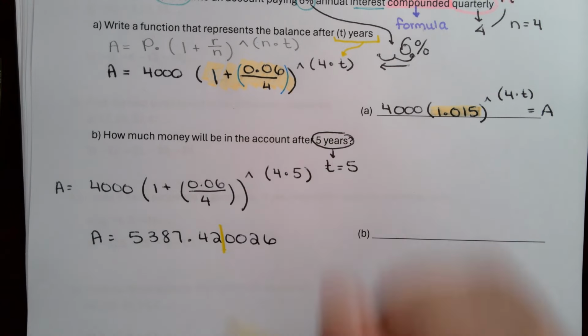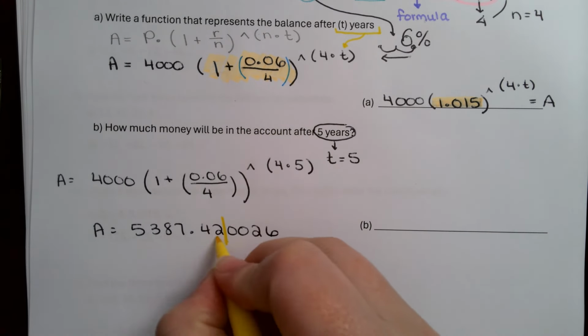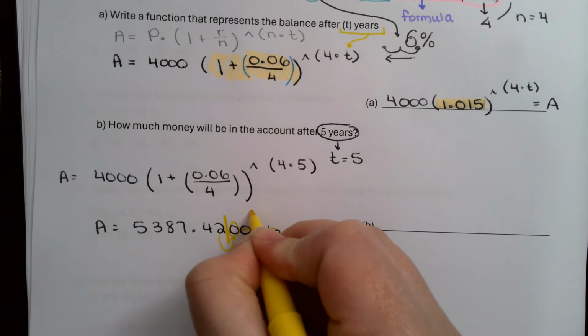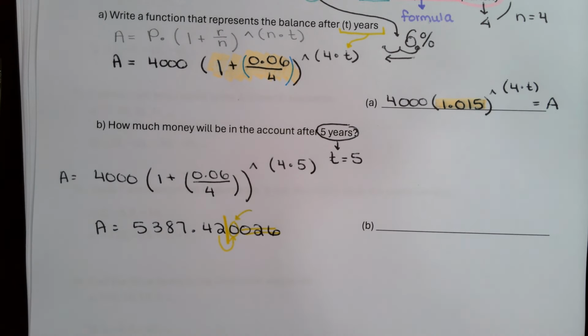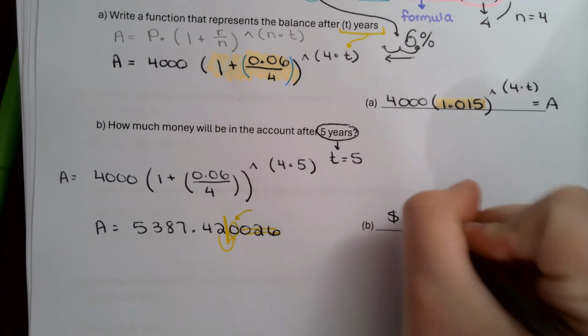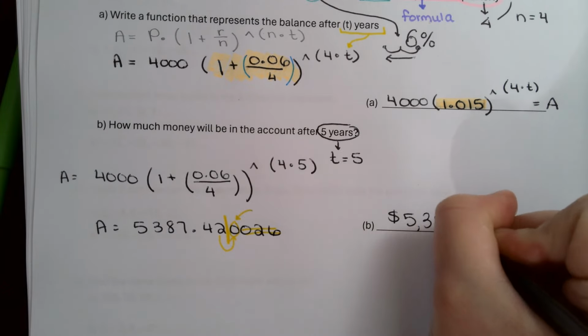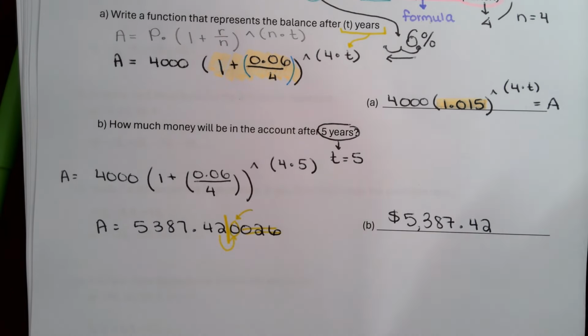Money has 2 decimal places. We are going to be looking at the next number over, which is this 0. Because this is smaller than 5, we are going to keep that 2 in our answer. So our money value is $5,387 and 42 cents. Again, 5,387 and 42 cents.